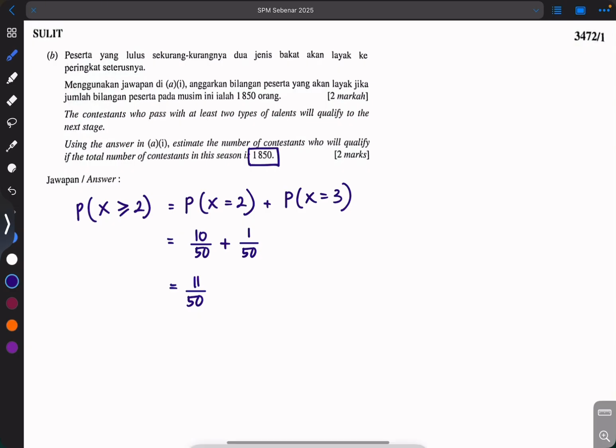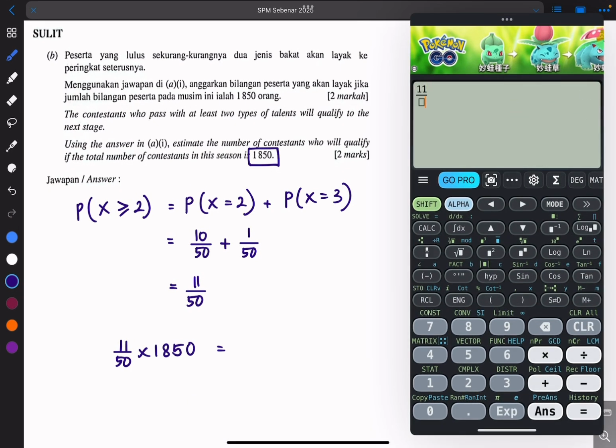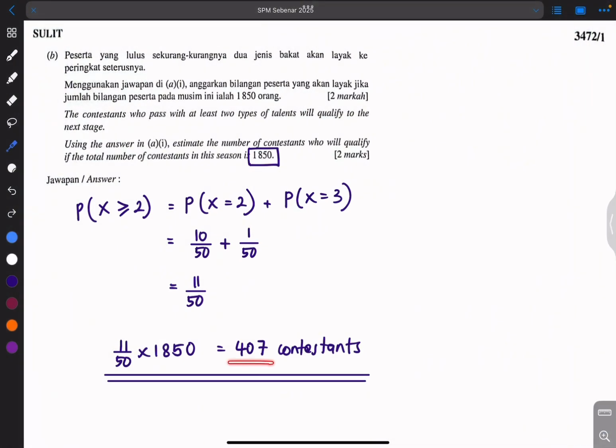So the number of people will be 11 over 50 times 1580. So we'll have 407 people or contestants who will proceed to the next stage. Okay, so 11 out of 50 is just the probability of them proceeding. So out of 1850, 407 will get through. Done.